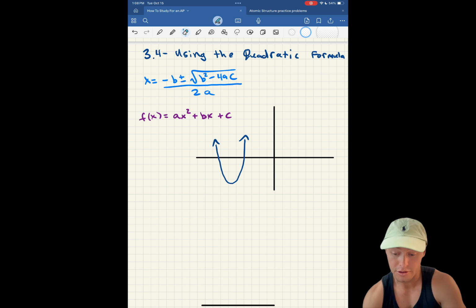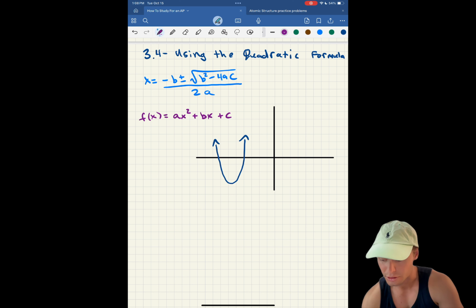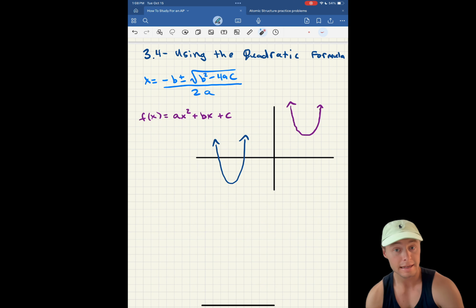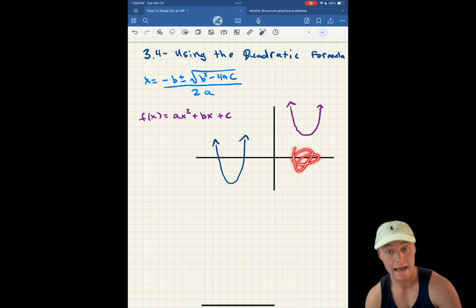Let's contrast that with another situation where you had a parabola that looks like this. Do you see any x-intercepts on this? No, right? Because the parabola is above the x-axis and it's going up. There is no point at which this parabola will cross the x-axis.